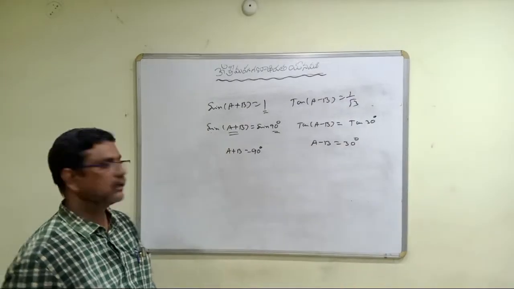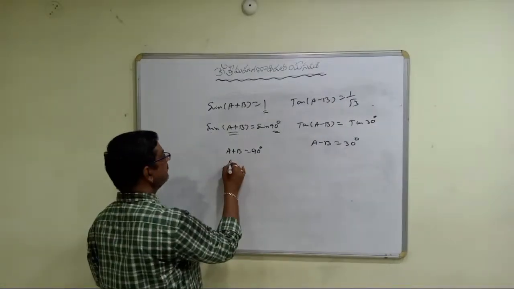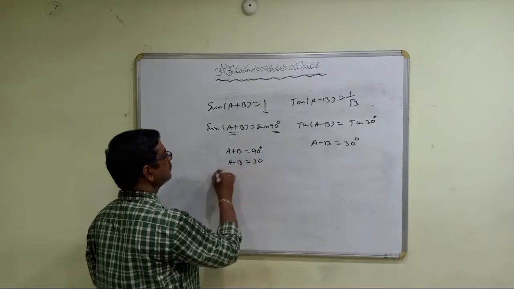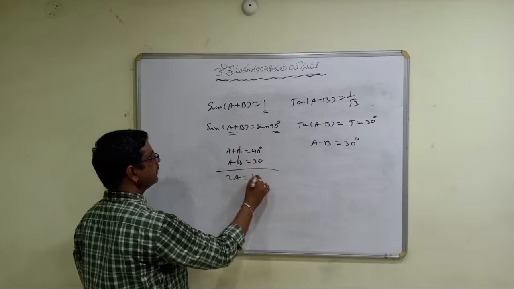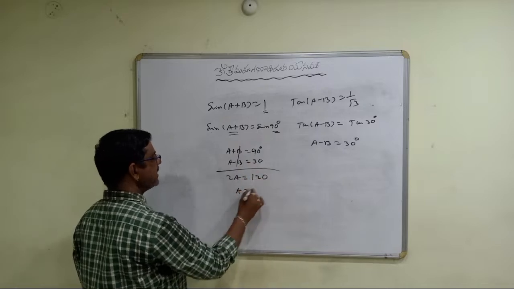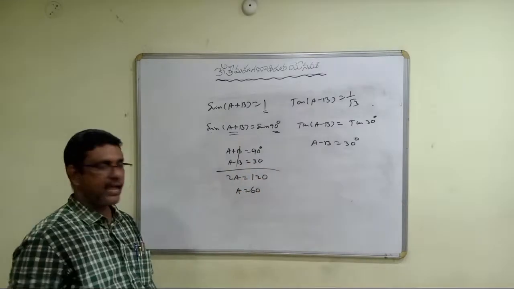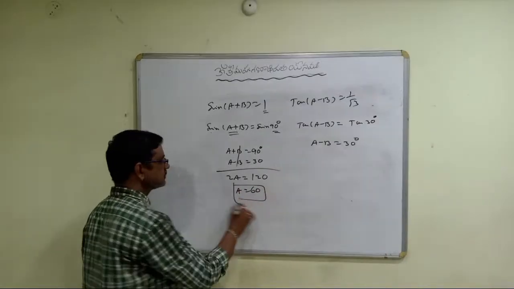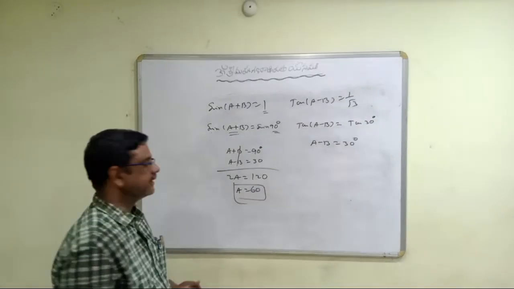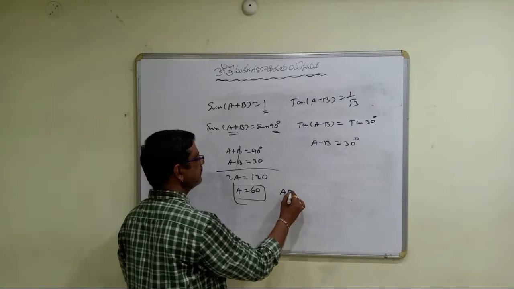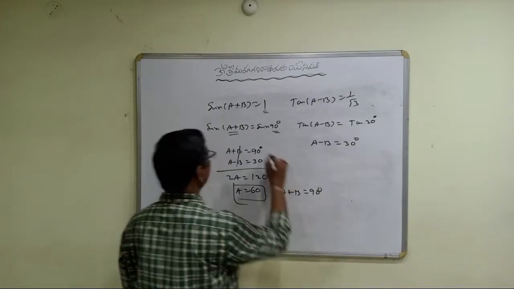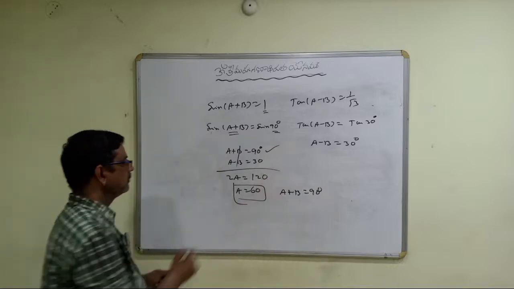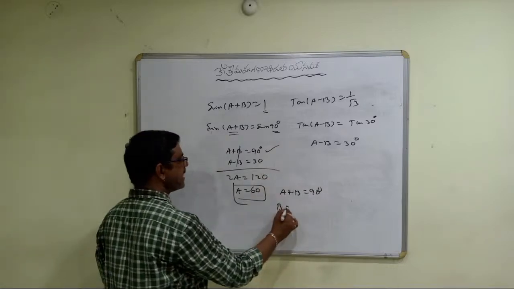Now we need to find the values. 2A is 120, so A is 60 degrees. A plus B is 90. In that, A is 60, then what is B?